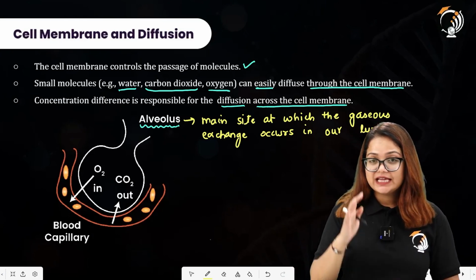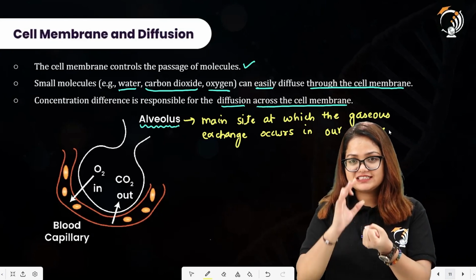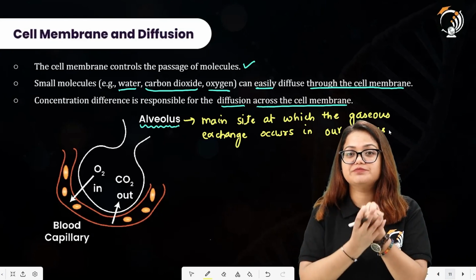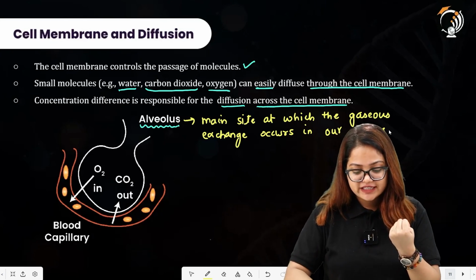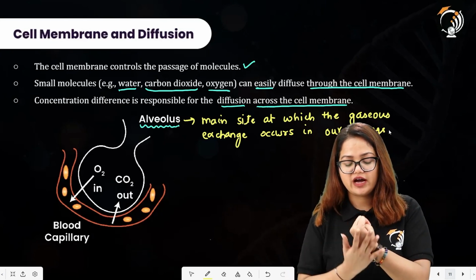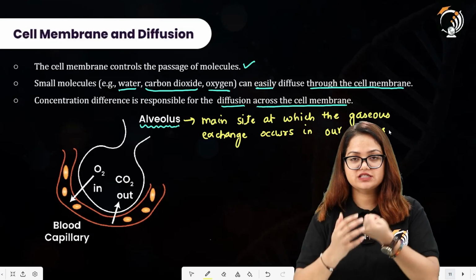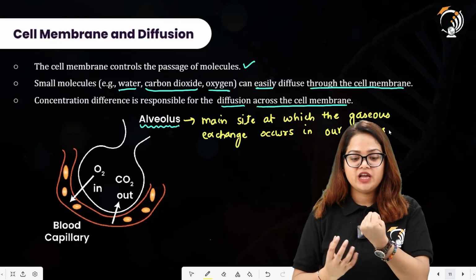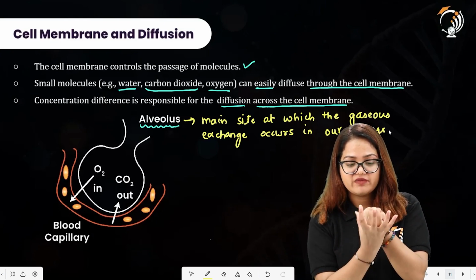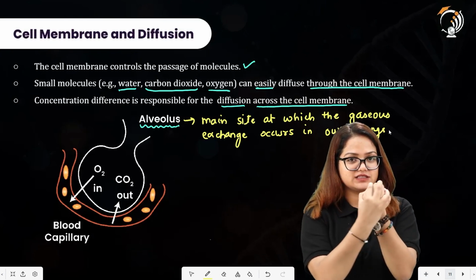So what is happening with these alveoli? Let us imagine this is an alveolus bag, all right, and it is richly supplied with blood vessels. Here we can observe the blood vessels surrounding this alveolus. These blood vessels cover the alveolar structure somewhat like this.